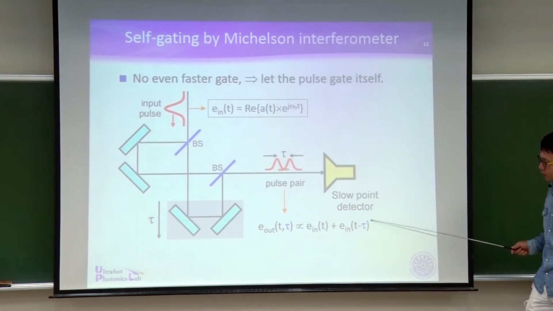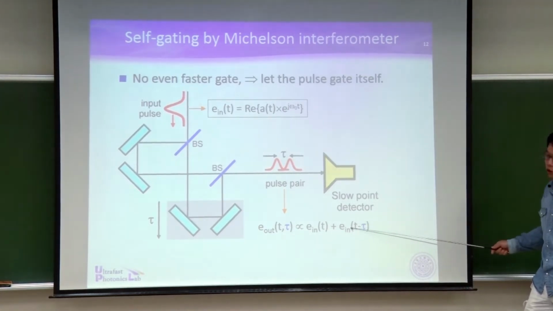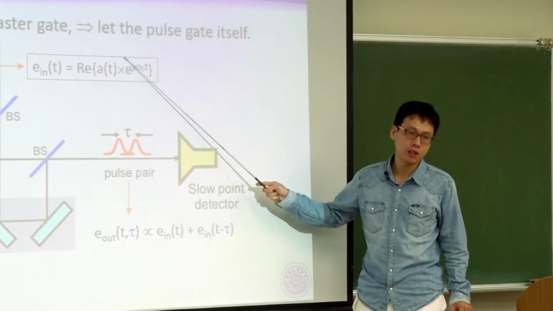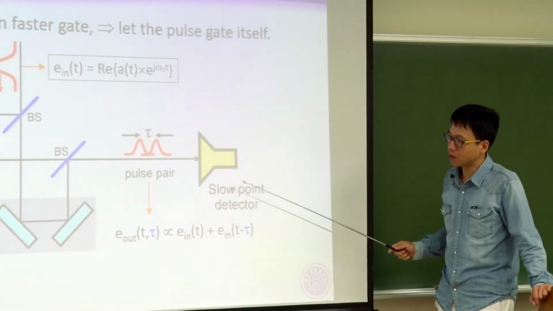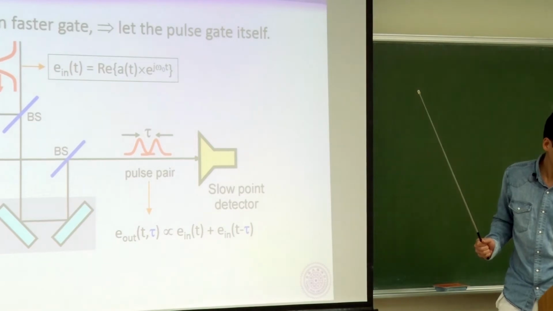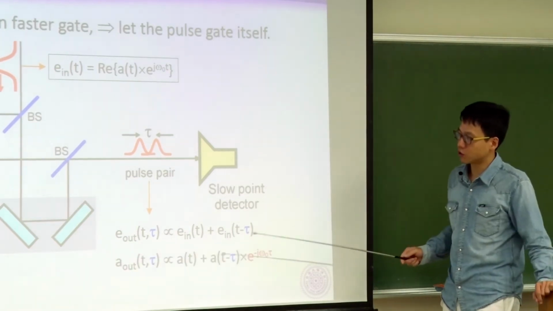So mathematically, it's E sub in of t minus tau. Okay? But in analysis, we prefer to work with the envelope function A of t. So what is the corresponding envelope for the pulse pair? Okay, that's the critical issue.